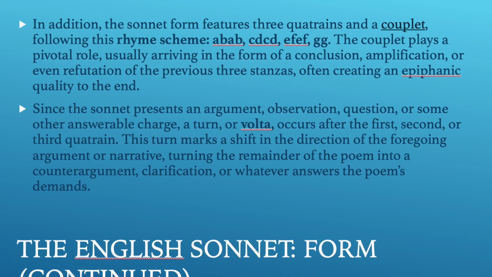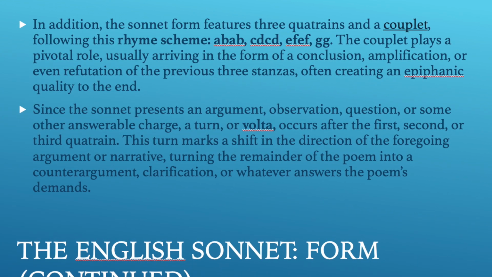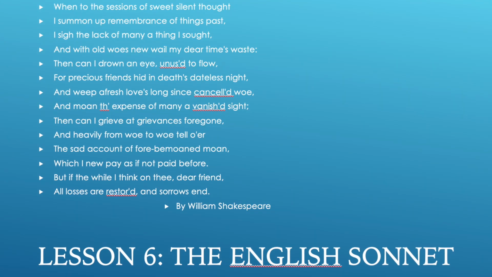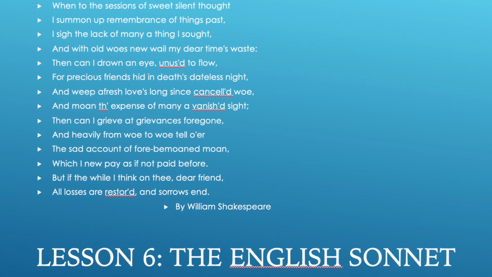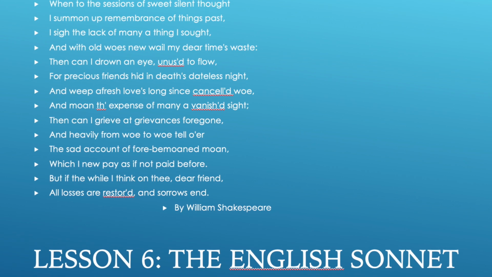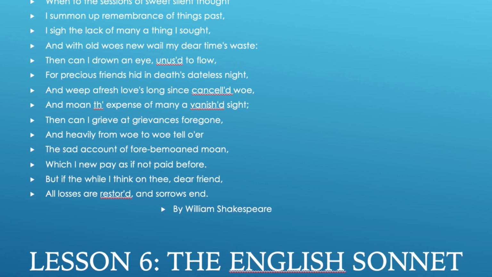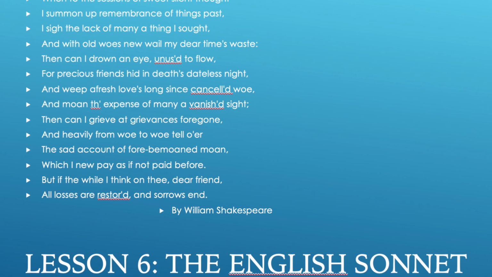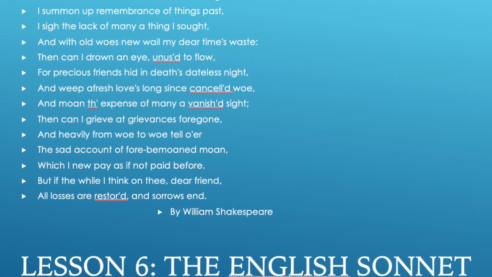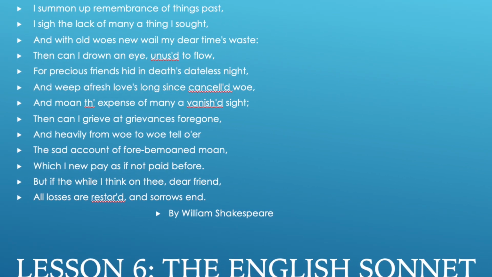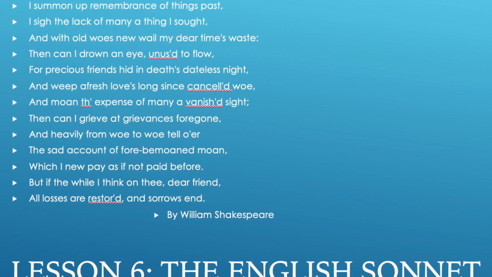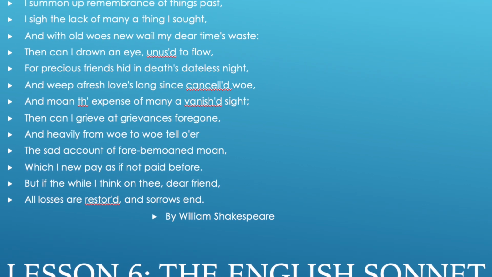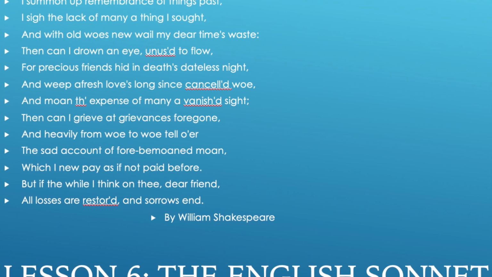So if we go back to our example with when to the sessions of sweet silent thought, if you read just those final lines: thought, past, sought, waste. So in that case, past and waste are supposed to rhyme. You know, they really don't, but Shakespeare's fudging it with that one. But thought and sought, right? So it's A, B, A, B. Because A rhymes with A, B rhymes with B, and then it gets to C, D, C, D: flow, night, woe, sight.